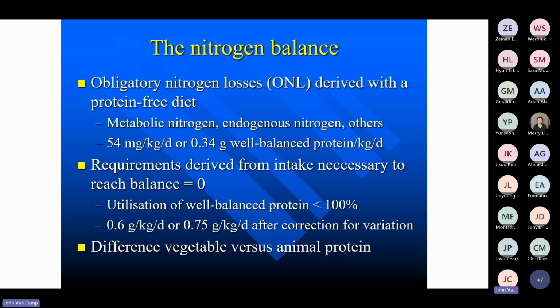And that is then the value, grams per kilogram body weight per day, that a normal young adult needs to compensate for the nitrogen losses. And all this is expressed for animal-based protein. If you would go for vegetable-based protein, then I have an extra correction factor for the differences between plant-based and animal-based protein.